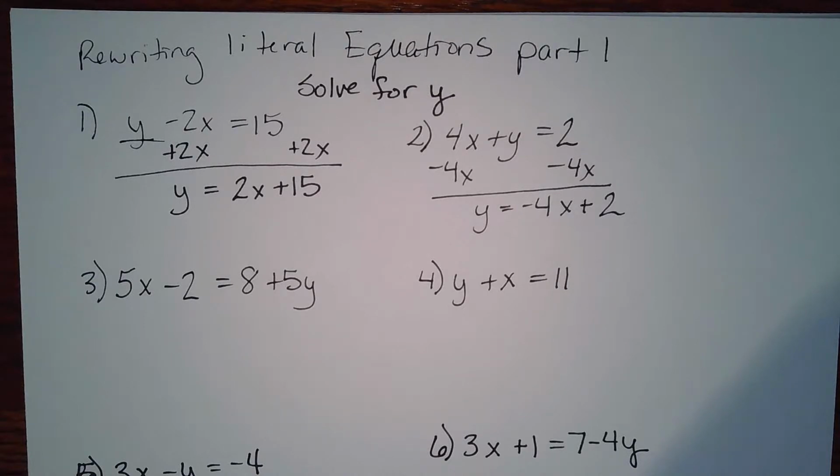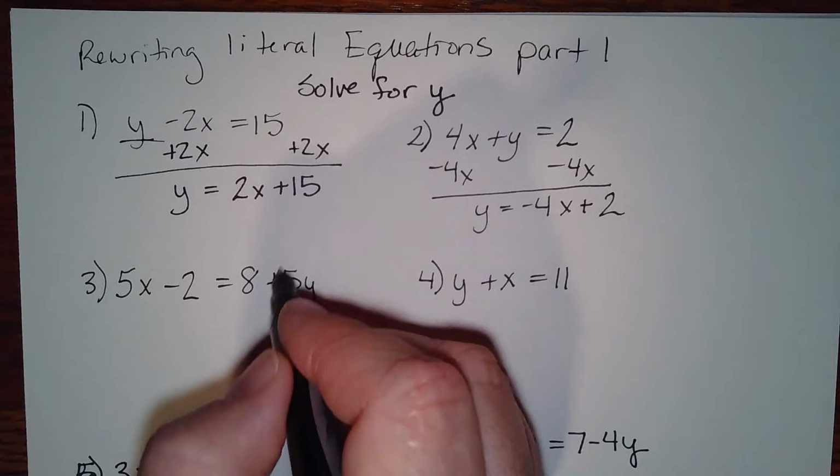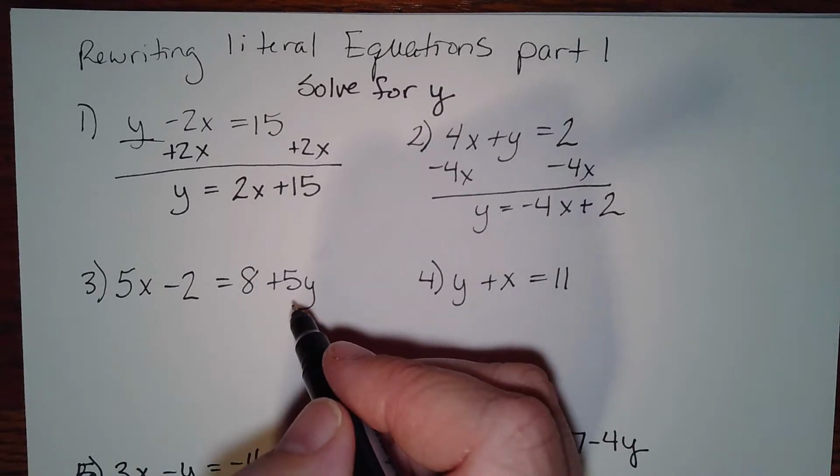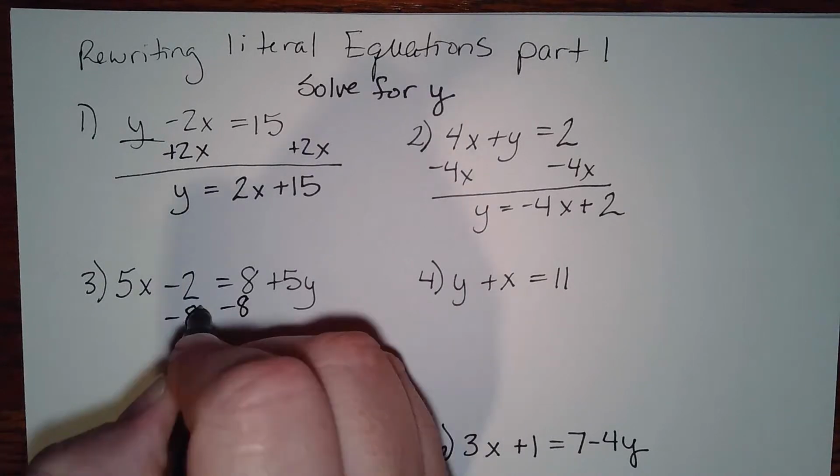So let's look at number 3. For number 3, the first thing we have to do is a little bit of legwork here. We want y by itself. So we're on a good path. We have the 5x minus 2, but on this side we have an 8, and then we have a 5 that's attached to it. So we have 2 steps. Let's first subtract the 8 across to get it away from that y.